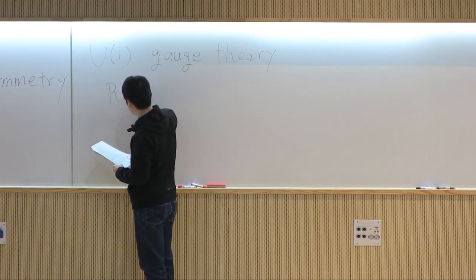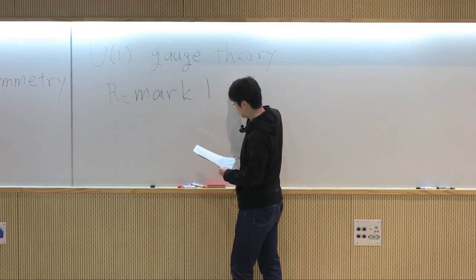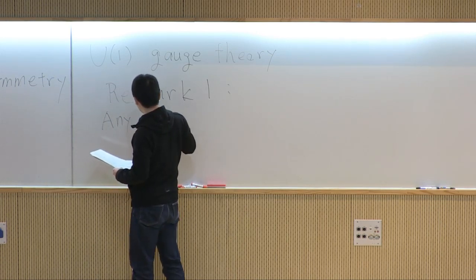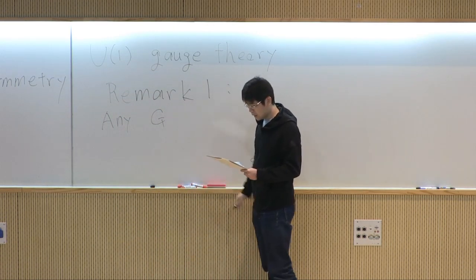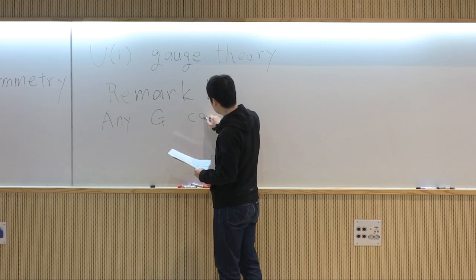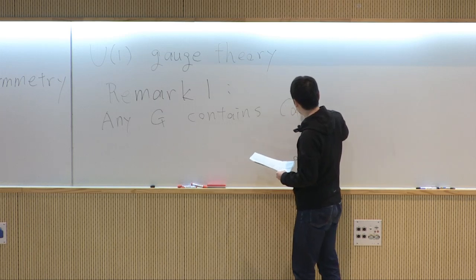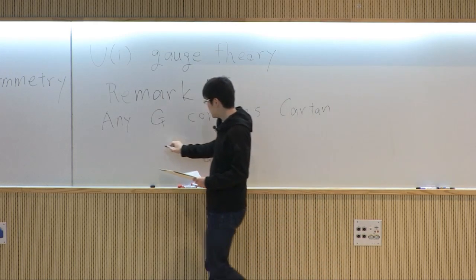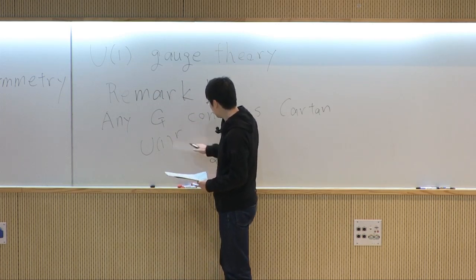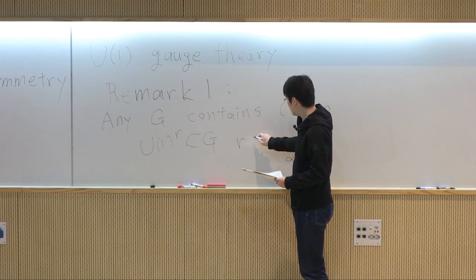Let me make a remark. If we consider any non-abelian gauge group G, then this group contains a Cartan subalgebra. The Cartan subalgebra is some product of U(1)^r inside this group G, and here r is the rank.